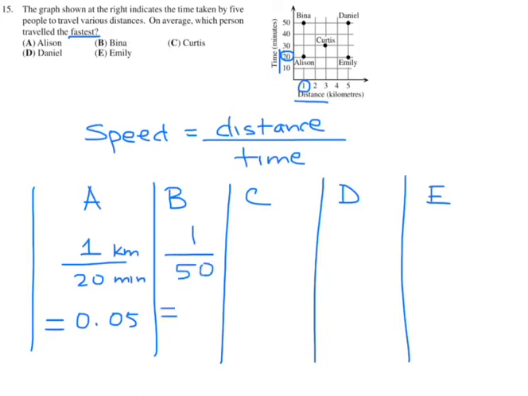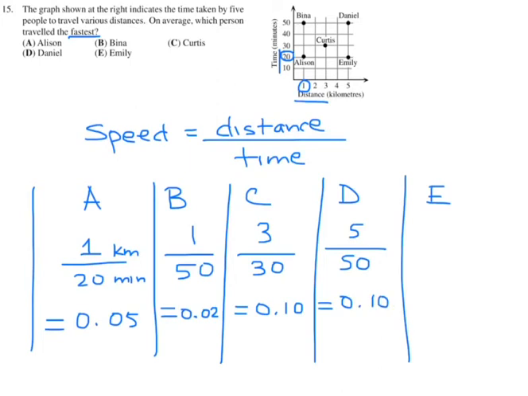And this is 0.02, like that. Curtis, 3 for the distance and 30 for the time. This is equal to 0.1. Danielle is 5 for the distance and 50 for the time, so this would be 0.1.